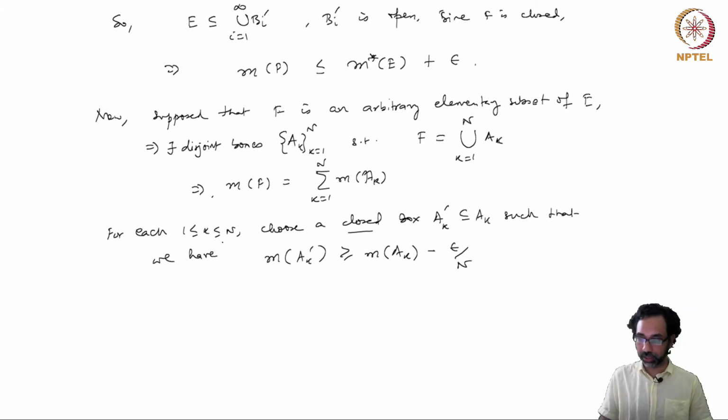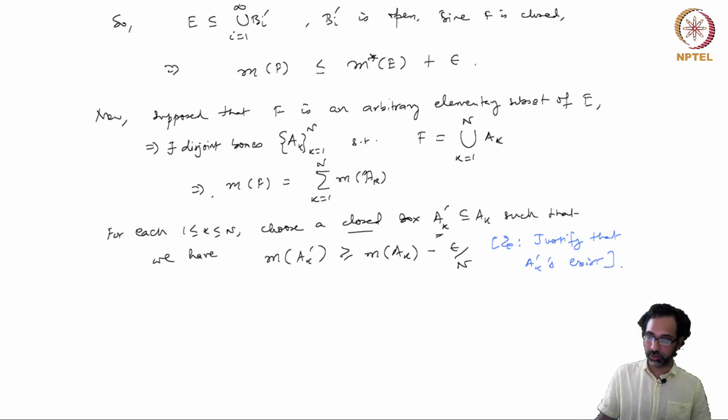So for each k we are choosing a closed sub-box of the box Ak, which we denote by Ak prime, such that the volume of the smaller box is greater than or equal to m(Ak) minus epsilon by N. Again it's an exercise to justify that such Ak prime exist.